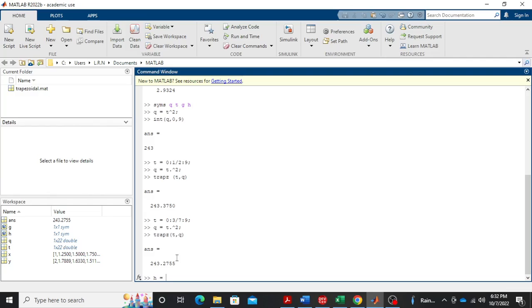So h equals 2 over. By the way, the semicolon is placed after this so that it suppresses the printing of this function.